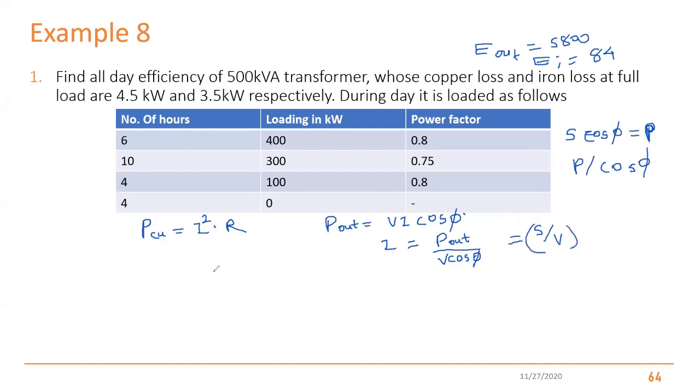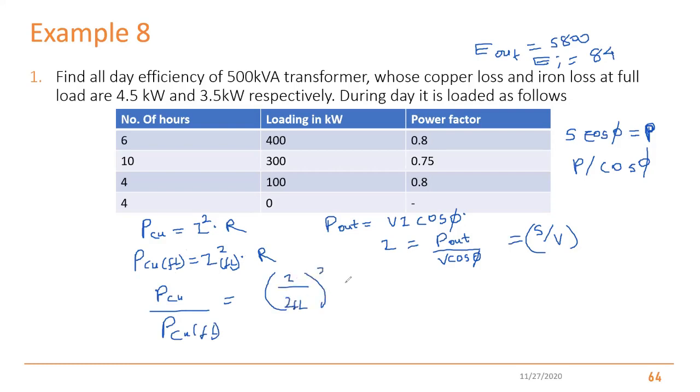Now I can write for the full load situation, I full load squared R. If you divide this by this, copper loss over copper loss at full load equals I divided by I full load, squared.